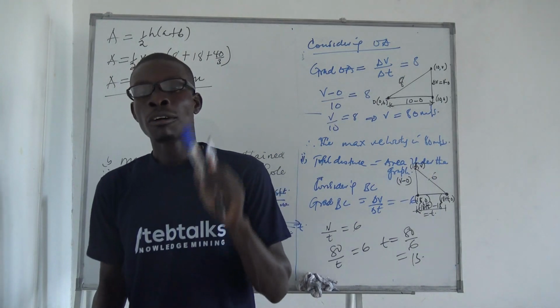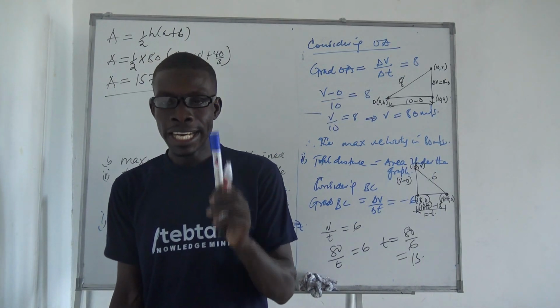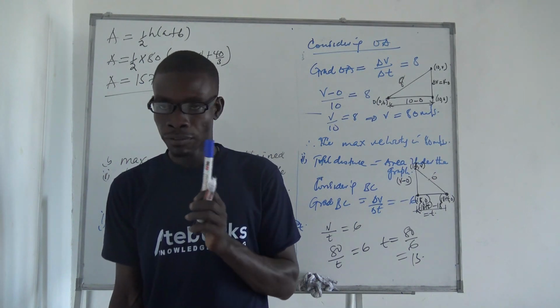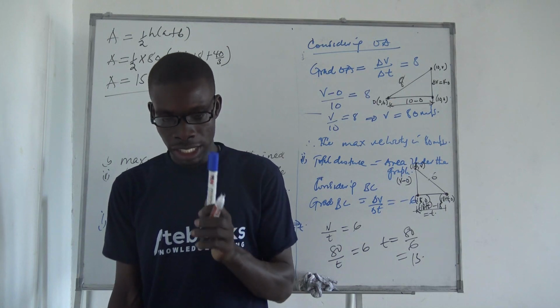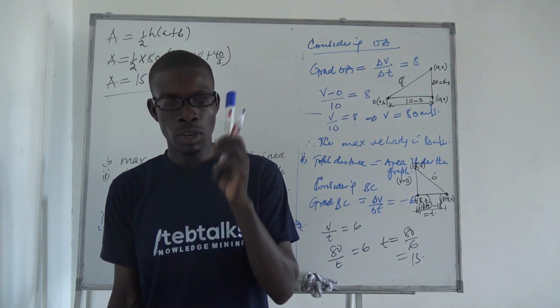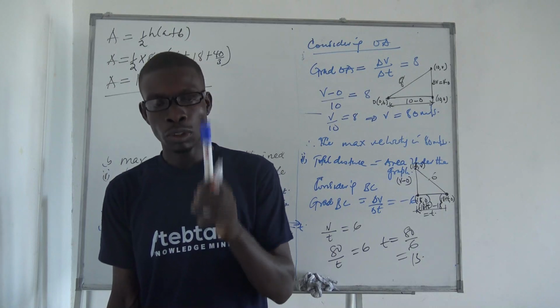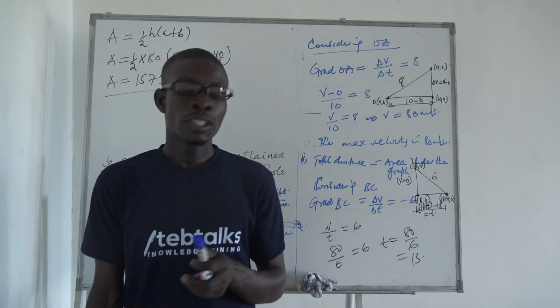We are doing all this on the fact that the gradient of a velocity-time graph is acceleration, and the total area under the velocity-time graph is the distance.